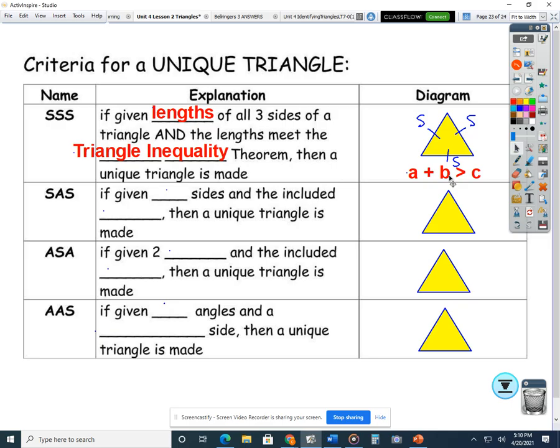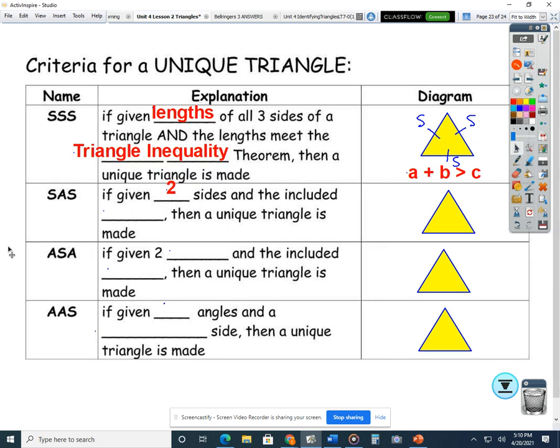Our second set of criteria is called the SAS, and that stands for side, angle, side. That tells us that if we are given 2 sides and the included angle, then we know that a unique triangle will be formed.